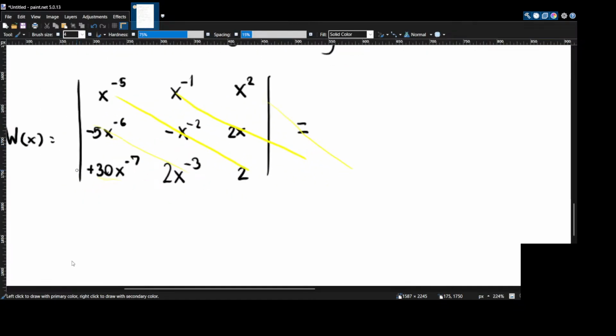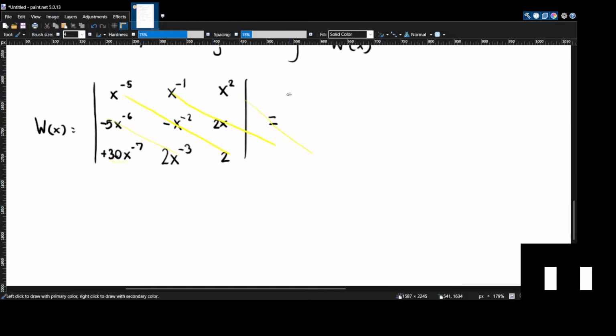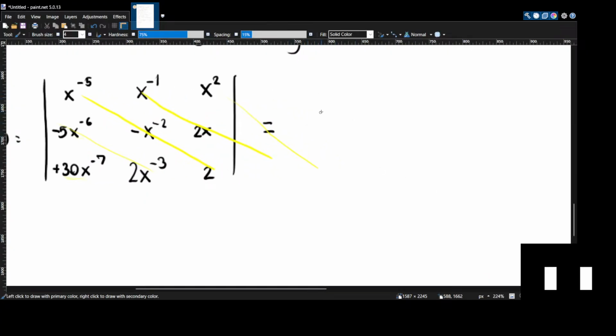The next part of the determinant is found by multiplying almost the same thing. But so the first part, I'm gonna write the first part right away, I guess, so as to make sense. So we're gonna have negative 2x to the negative 7.